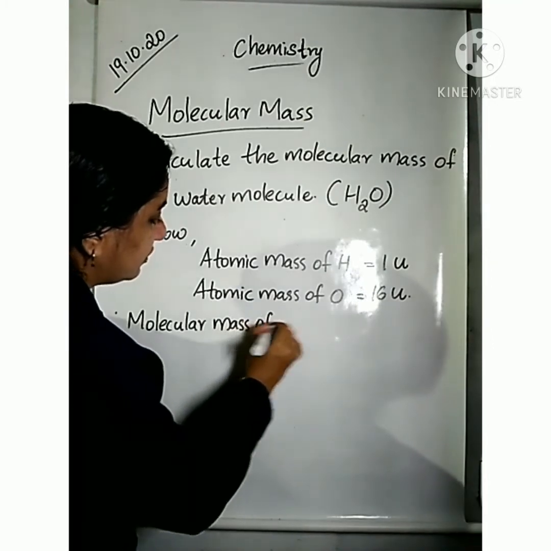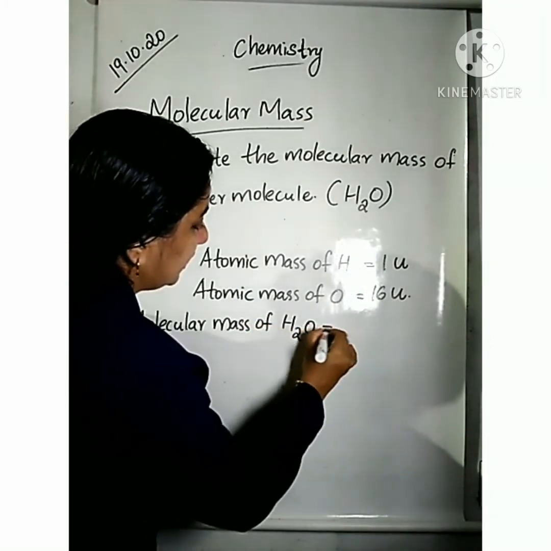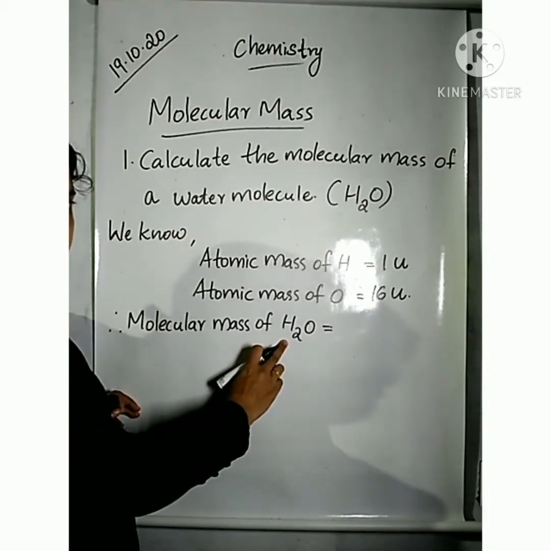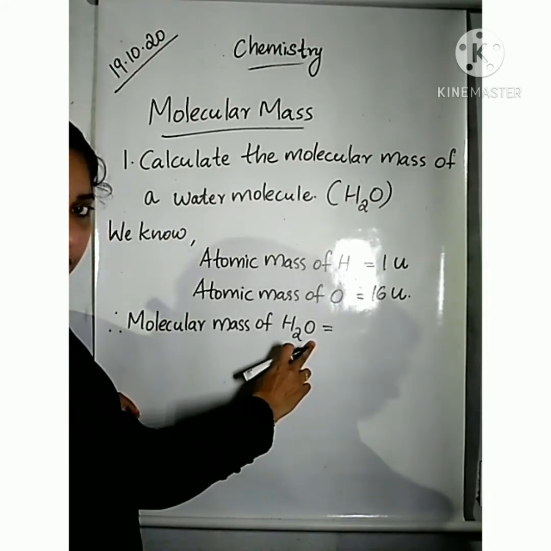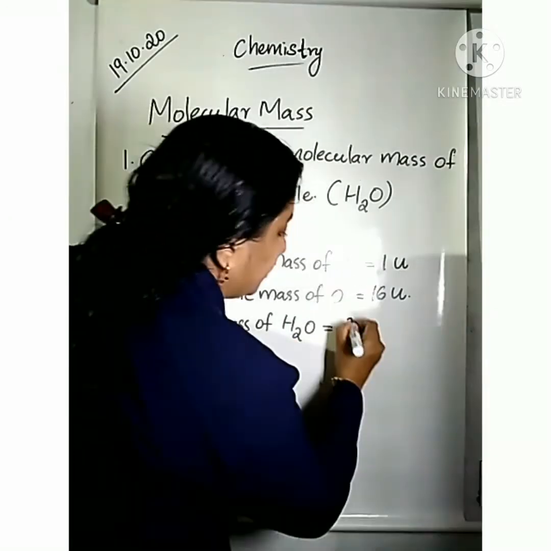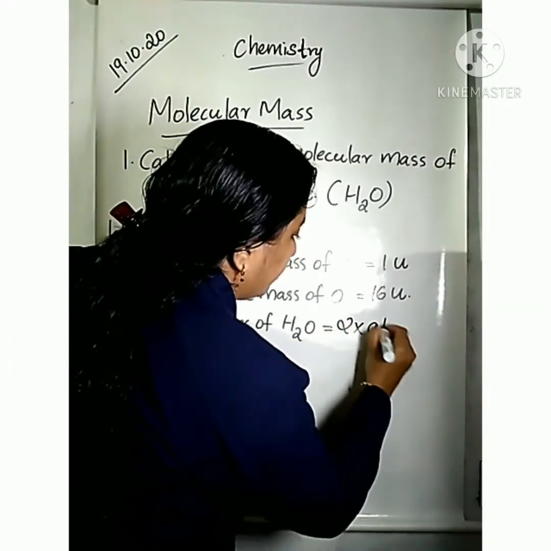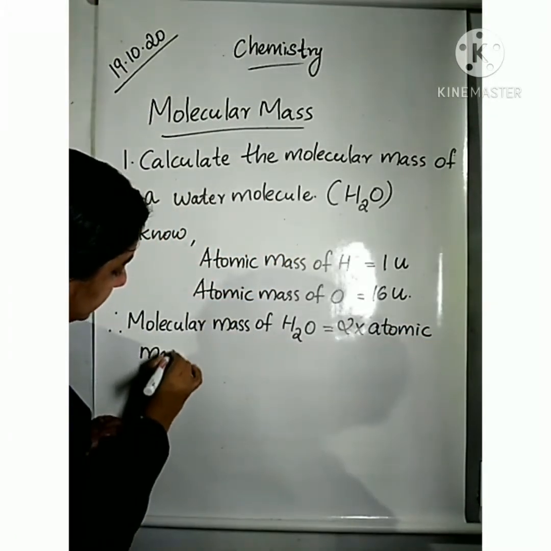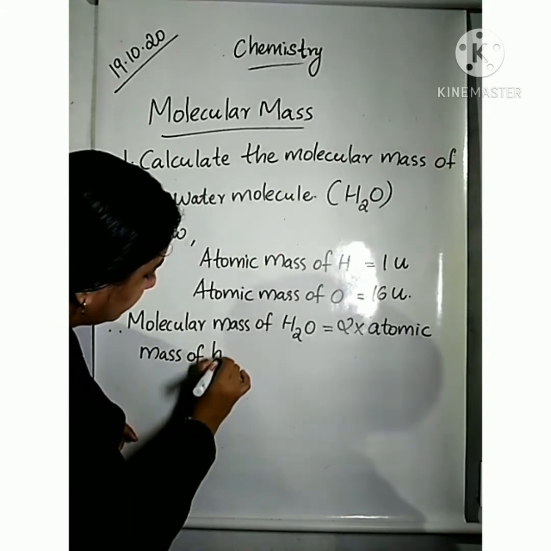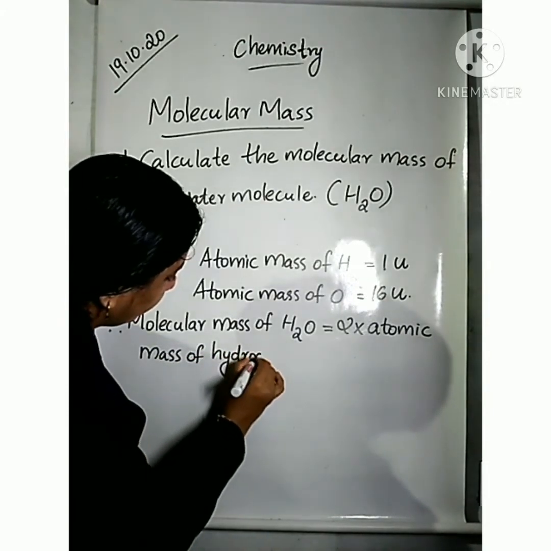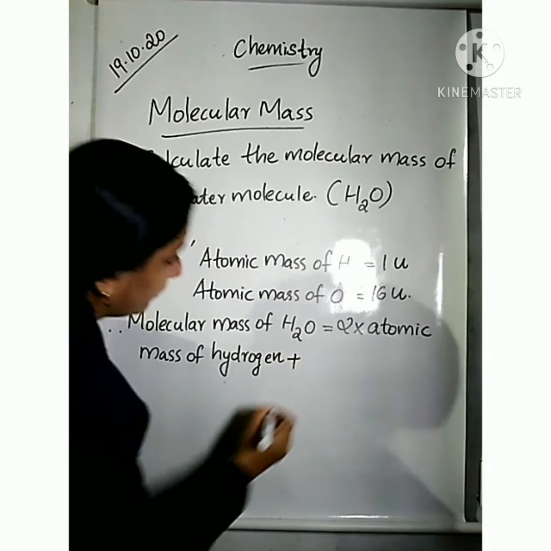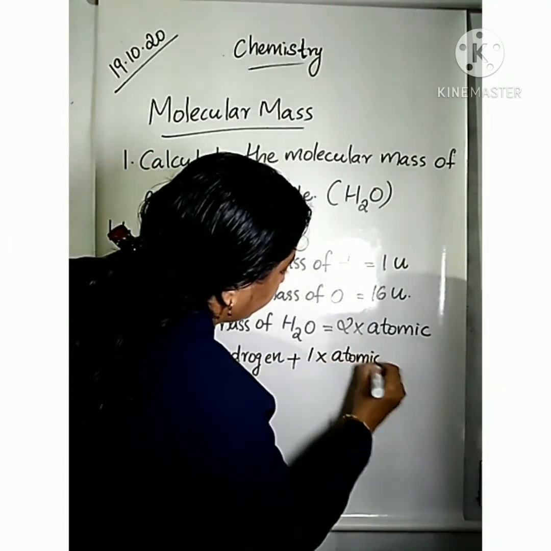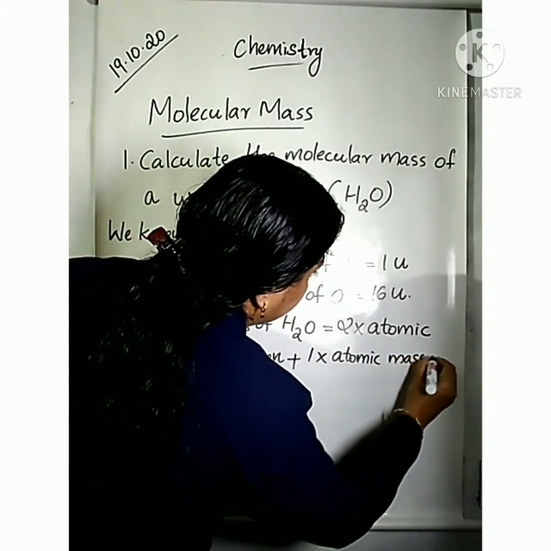Molecular mass of water molecule equals, here 2 atoms of hydrogen are present and 1 atom of oxygen. So, 2 into atomic mass of hydrogen plus 1 into atomic mass of oxygen.